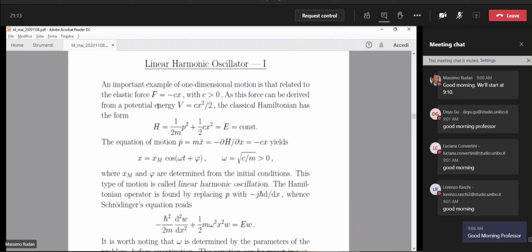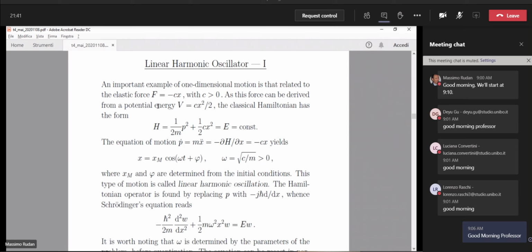Because, as you remember, when we introduce the normal coordinates or the normal modes of oscillation, we split the problem of many particles interacting with each other into a problem in which each degree of freedom is independent from the others.